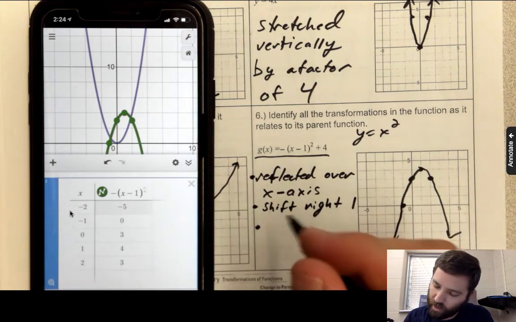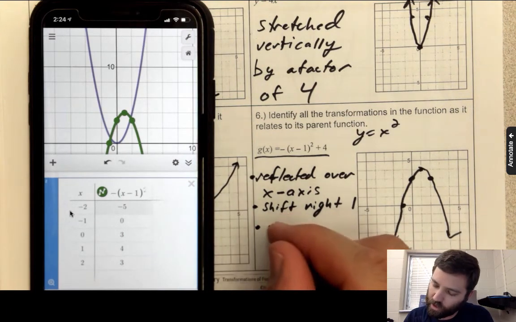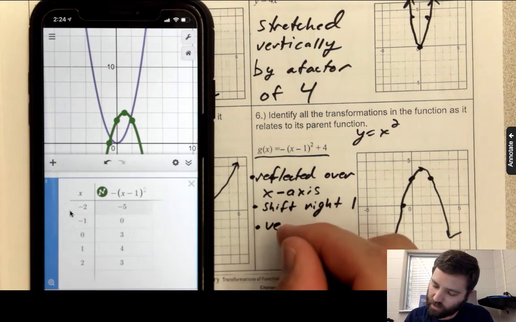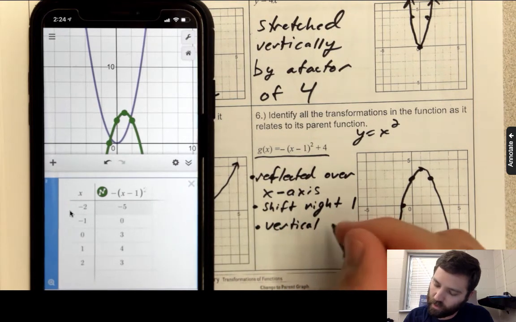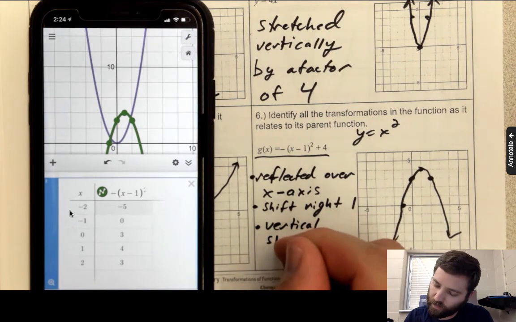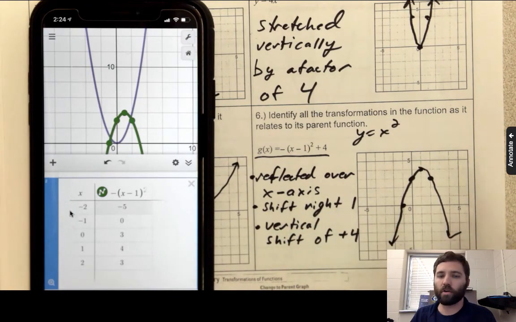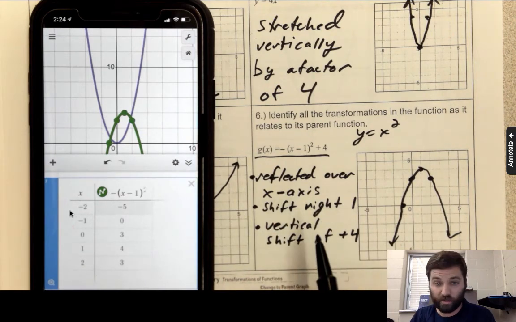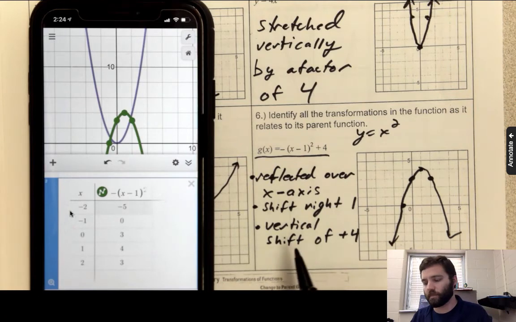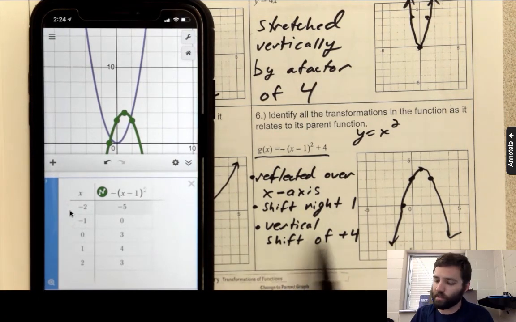And it's shifted vertically, or I guess we'll just write vertical shift of plus 4. Or you could write shifted up 4 units, or shifted vertically positive 4 units, or up 4 units. However you want to say that, it's fine. I'm not super picky about that.